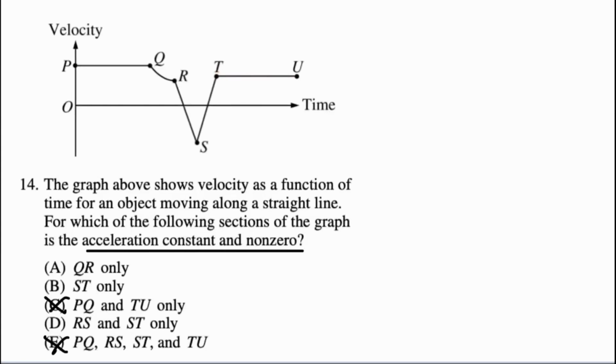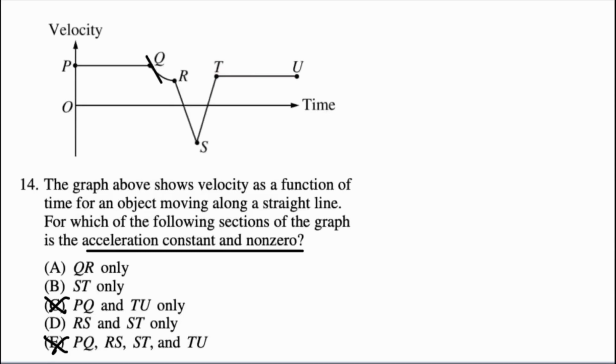So now I want to look at this segment QR. So you can see that it's not a linear segment. There's actually a bit of a curve to it. So the acceleration is going to be actually not constant. It's not going to be a single number. The acceleration is going to be different because you can put little different tangent lines there.